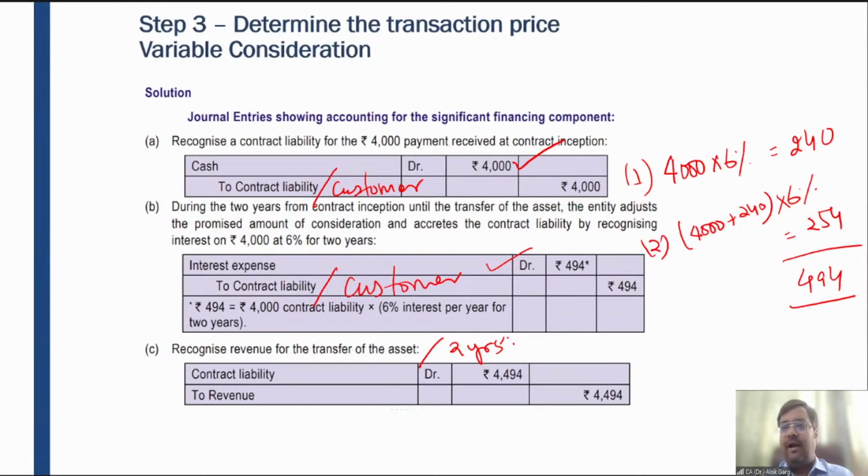Since the entity is not required to pay anything to the customer, the customer account will be debited. Contract liability or customer account will be debited by 4,494 and revenue has to be recognized by 4,494.